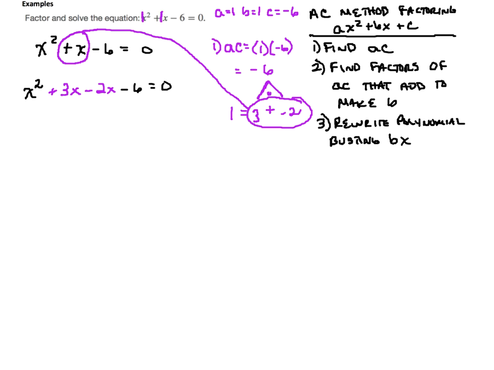So I haven't changed this thing fundamentally. I've just made it look different. And I've put it into a form that now I can finish off with factor by grouping, which is another method of factoring, but it happens to finish off this particular method.